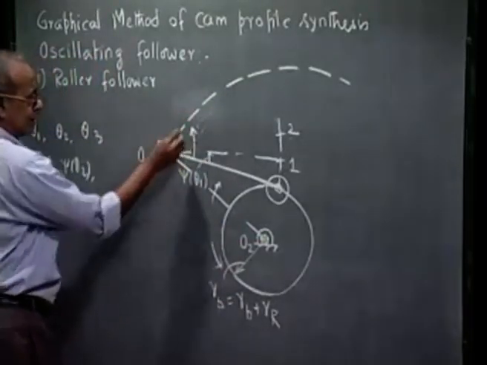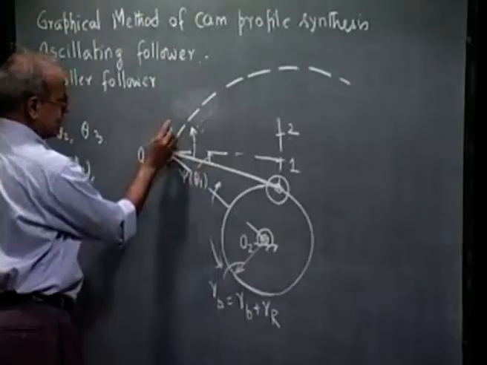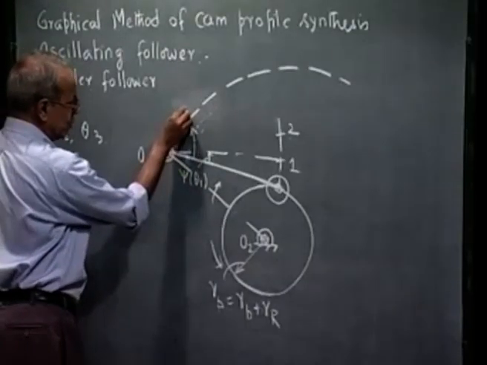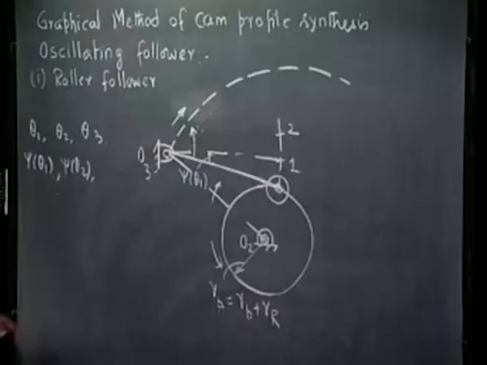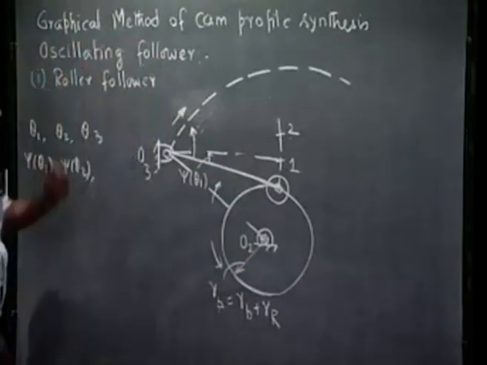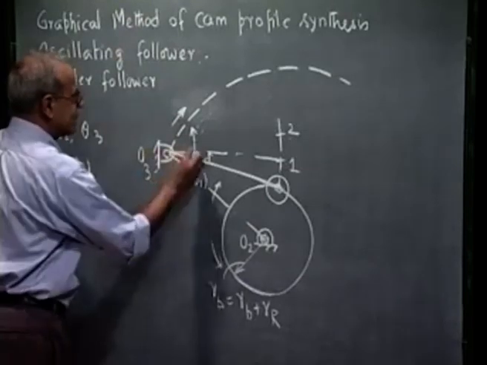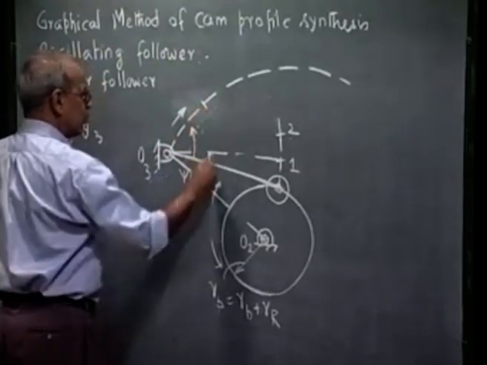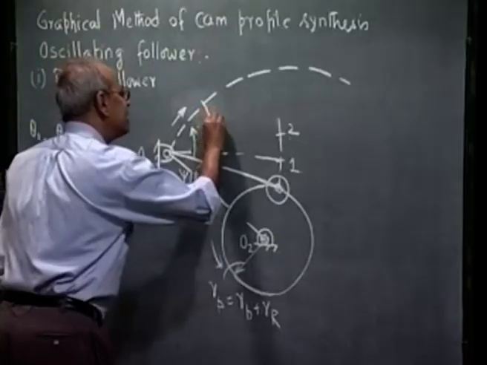After the kinematic inversion with the cam fixed, this O3 will go on this circle. So corresponding to station point 1, when the cam has rotated theta 1 in the counterclockwise direction, this fixed link will rotate in the clockwise direction by an angle theta 1.